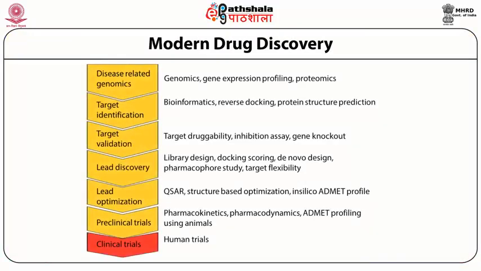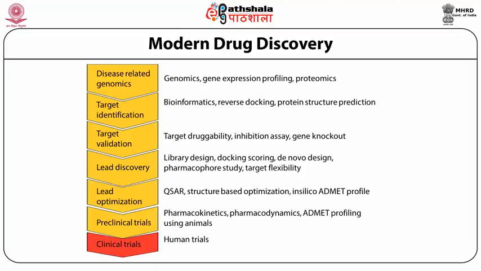As far as modern drug discovery is concerned, the era has changed after the post-genomic system. Post-2000, when we entered the 21st century, the Human Genome Project came along and many other genome projects were completed. This has given us a lot of data that relates genomics to disease or vice versa.